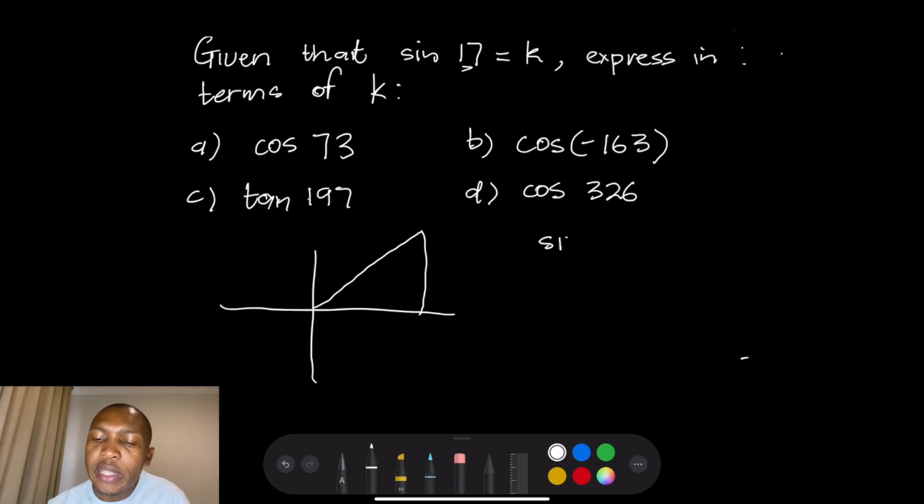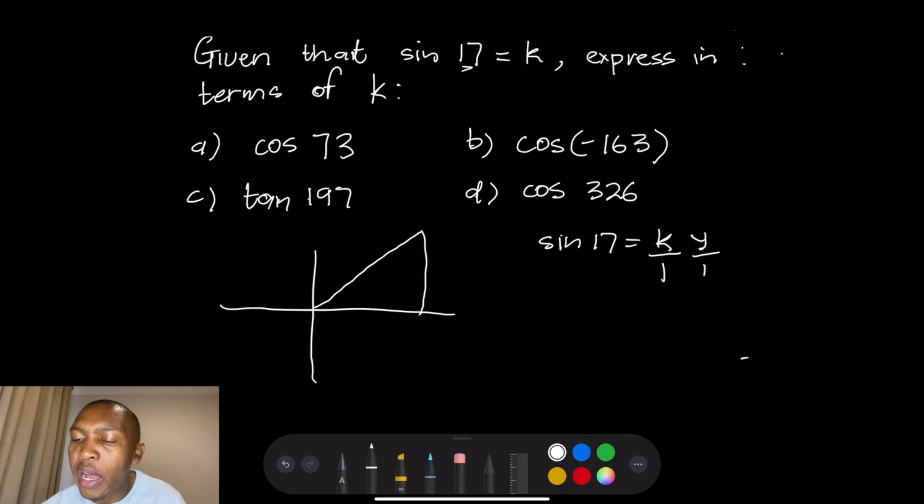So that means that sine of 17 is, now I want you to think about it, the same as simply saying k over 1, okay? And the reason why it's important to put that 1 there is because remember, sine is a ratio, y over r. So what does that mean? It means that y is equal to k. So our y value, gonna put that in yellow, is positive k. And what's our r value? Our r value is 1.